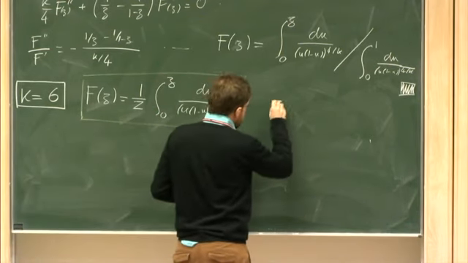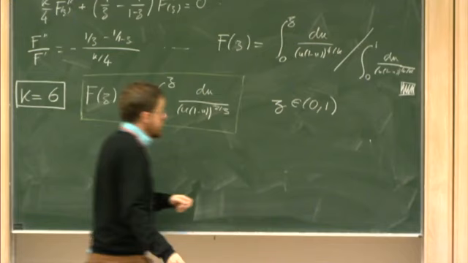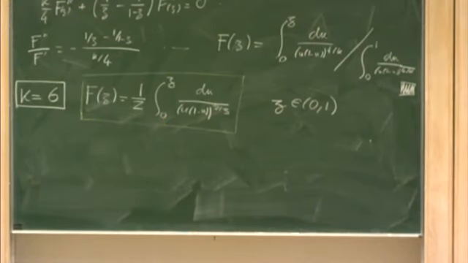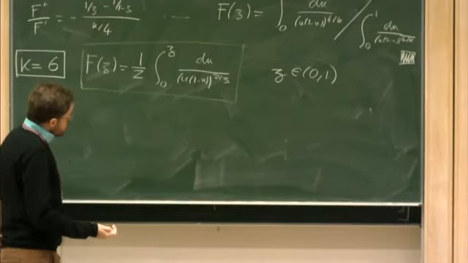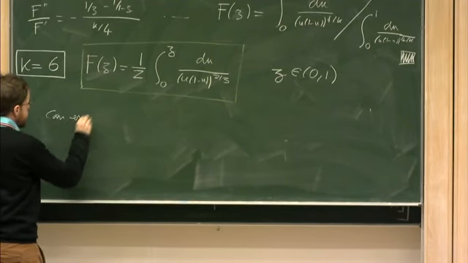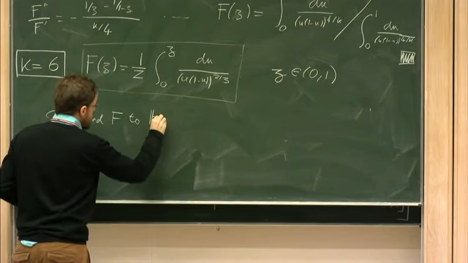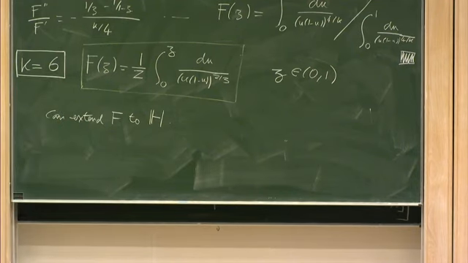So here, a priori, z is somewhere between 0 and 1, because that's in the statement of the theorem. What you plug inside f is this ratio between two lengths, so it's some real number between 0 and 1. So what you can notice here is that you can actually extend f to the upper half plane.